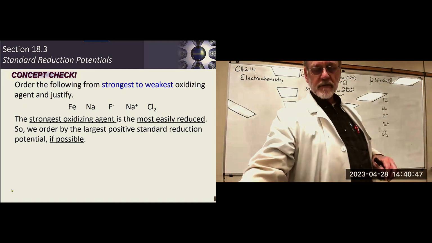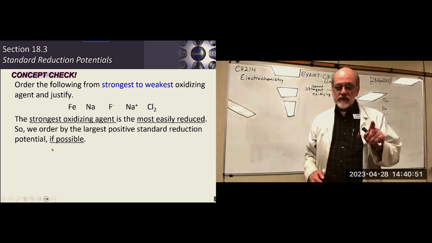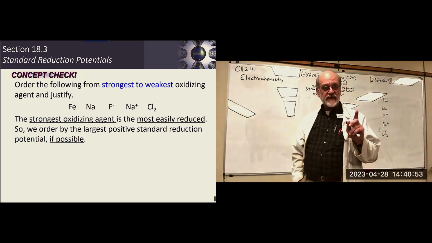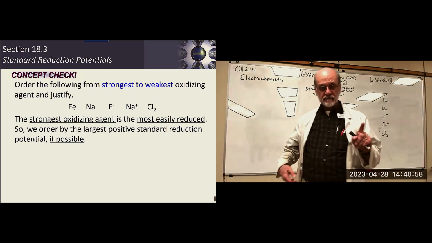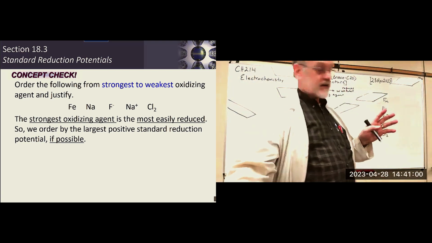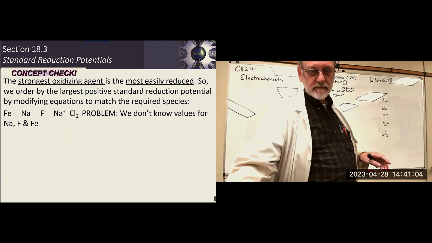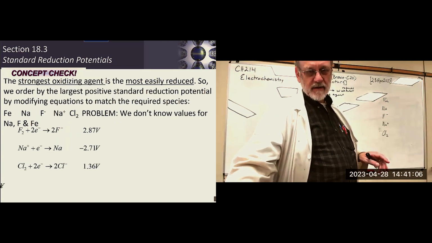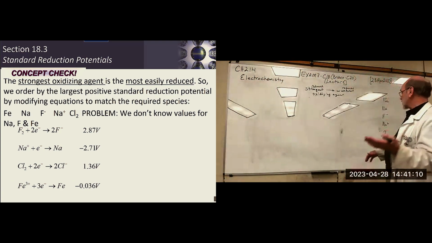Most easily reduced. The one with the largest positive standard reduction potential is the easiest one to reduce. It's the most positive, so it reduces the most readily. Right. So here we have the possible reactions, the reduction reactions.